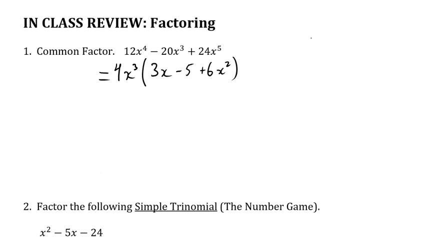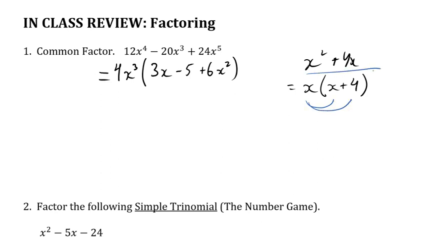Now, a more typical question would look something like this: x squared plus 4x, and all I would do is take out an x. Remember doing these when we were doing a lot of factoring, and you're left with just x plus 4. And then again, if I multiply the x back through, I'll get back what I started with.